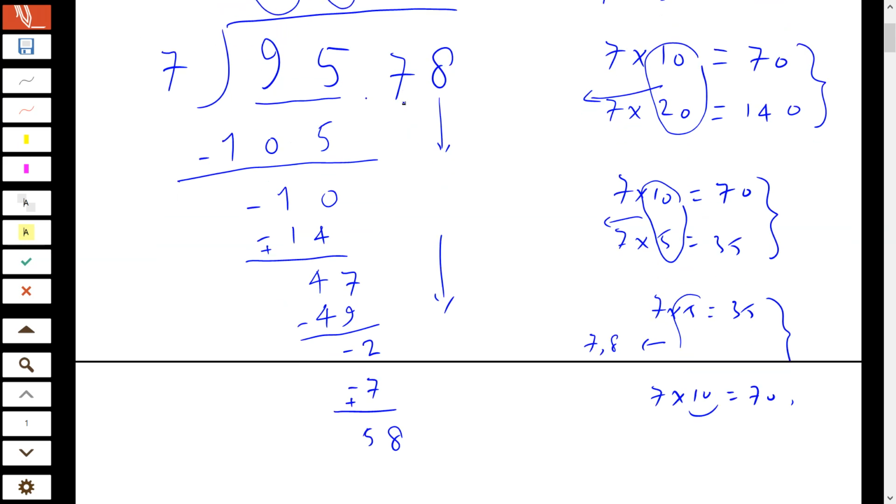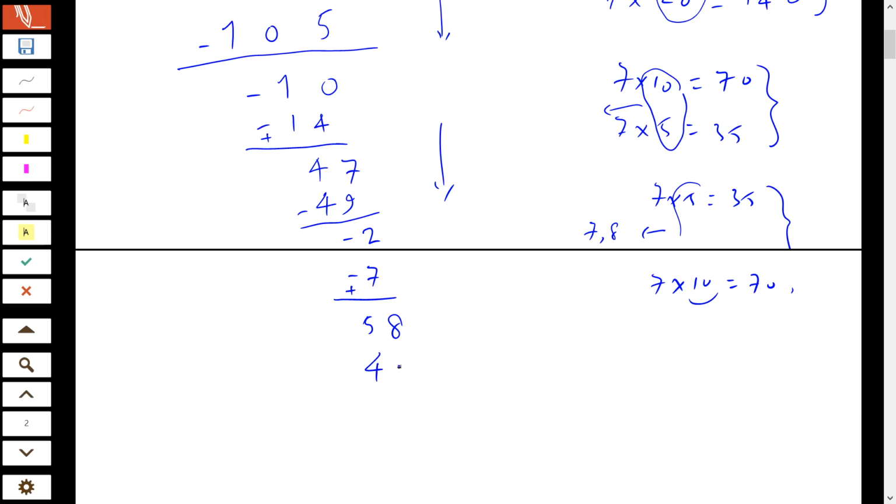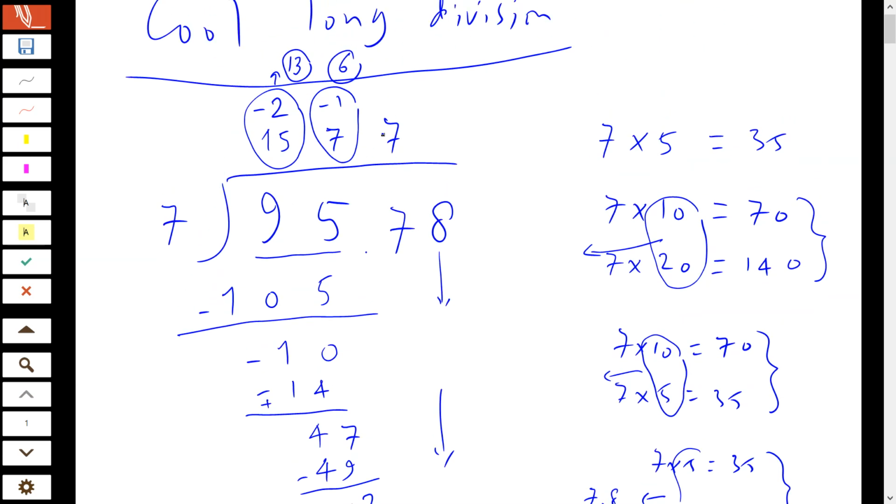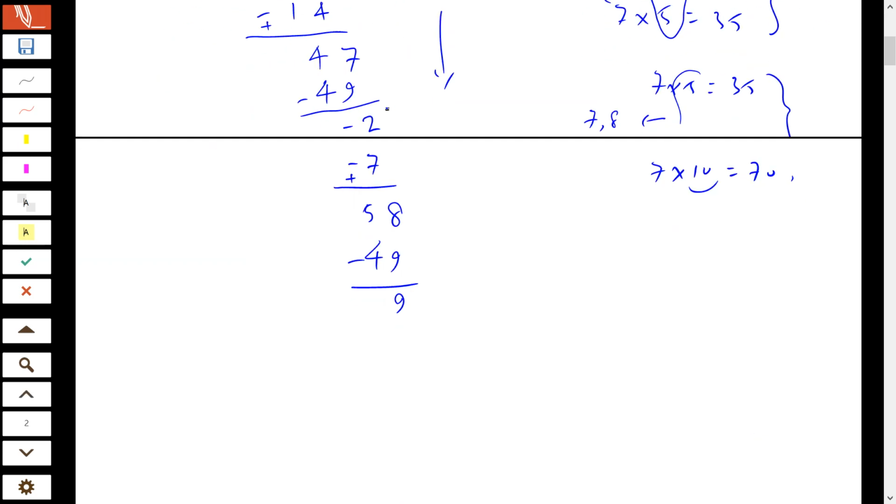So what is 7 times 7? 49. And what do I get? 18 minus 9 is 9. So I got 9, and 9 is greater than 7. So it means that I have to do it once more. Correction: 7 times 1 is 7.